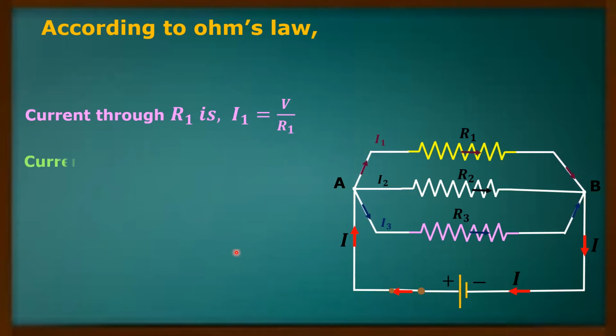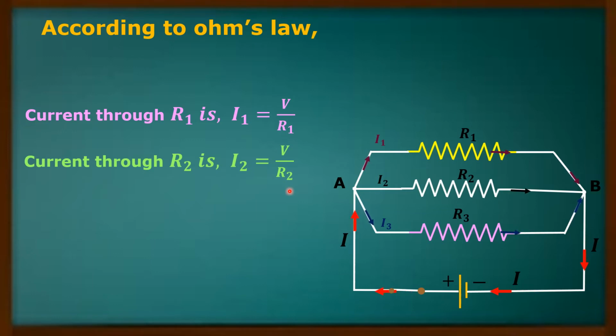The same way, current through R2, I2, is equal to V by R2. You know, current in a resistor is inversely proportional to its resistance. When the resistance is more, less current flows. When resistance is less, more current flows. So depending upon the resistances here, the current flows through them.